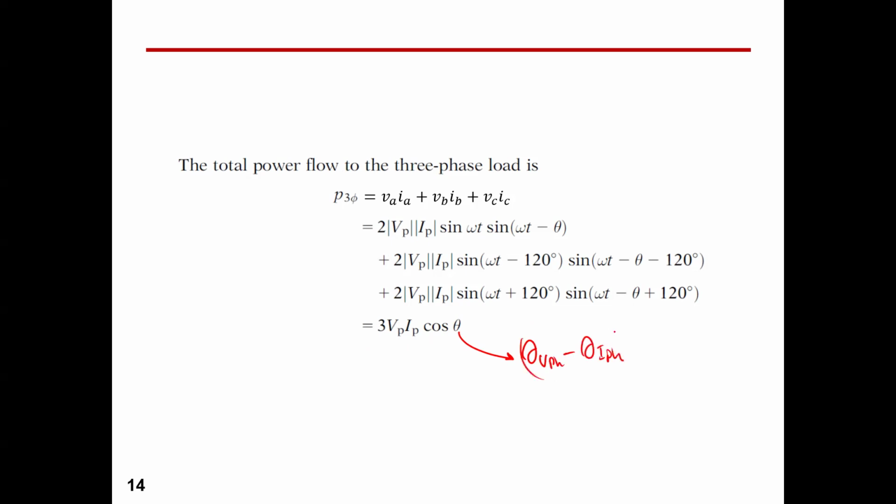Take care of that definition. All of the time, the power factor angle is the angle between V phase and I phase, not V line and I line. So the power factor angle is theta V phase minus theta I phase.